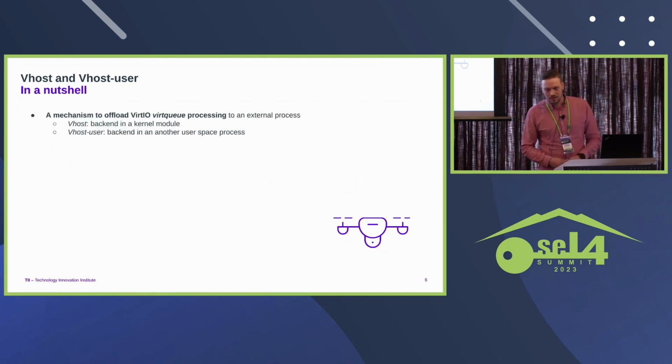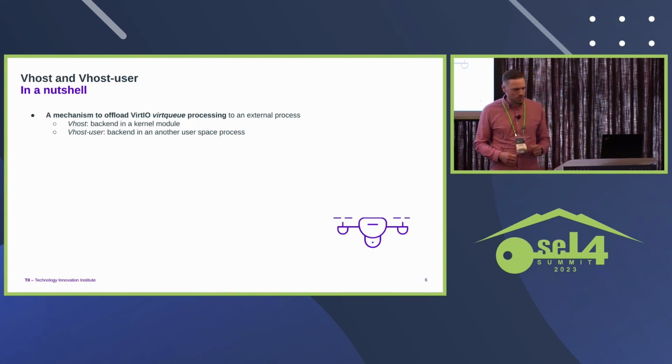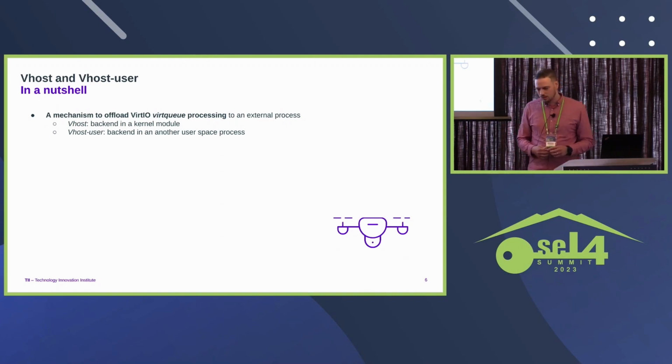Basically, it's a mechanism to offload VirtIO virtqueue processing to an external process. When we are talking about vhost, it means that we are using a backend as a kernel module, and then we configure that using IOCTLs.